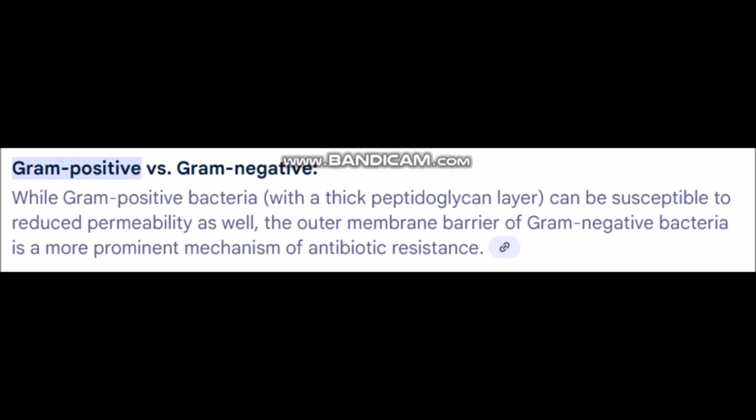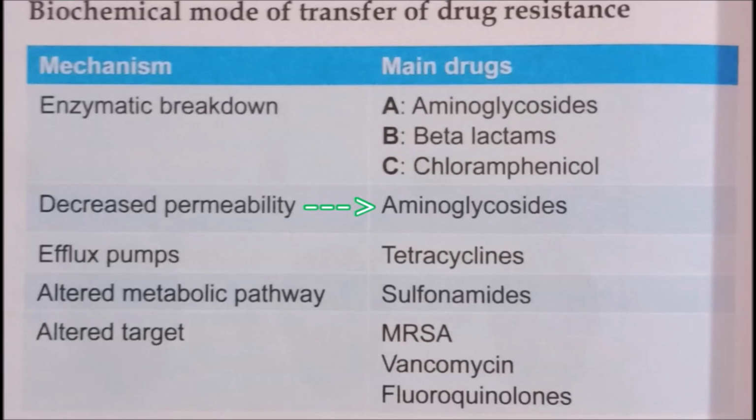Acinetobacter baumannii. Gram-positive versus gram-negative. While gram-positive bacteria, with a thick peptidoglycan layer, can be susceptible to reduced permeability as well, the outer membrane barrier of gram-negative bacteria is a more prominent mechanism of antibiotic resistance. And this is the mechanism responsible for resistance against aminoglycosides. Next is efflux pumps.